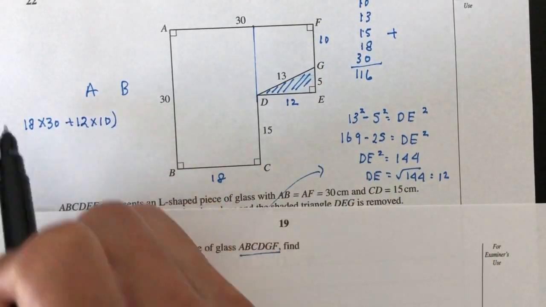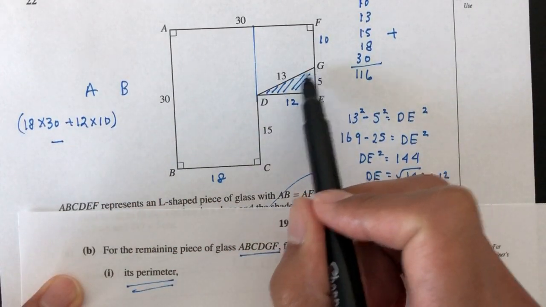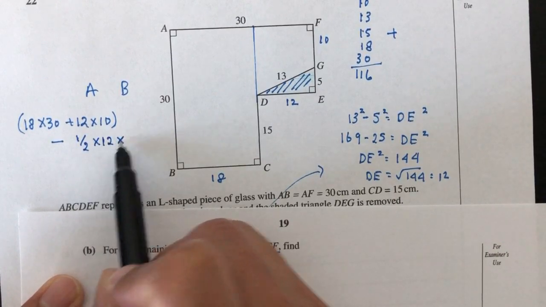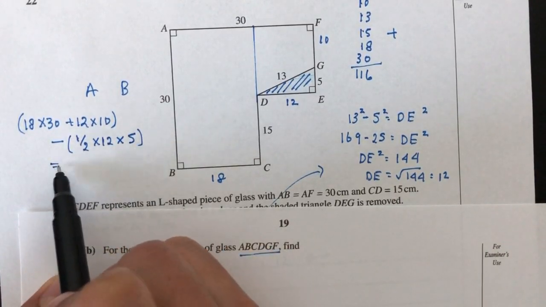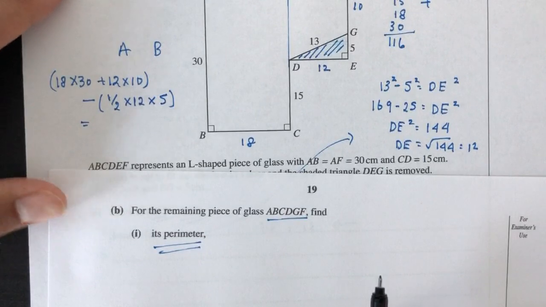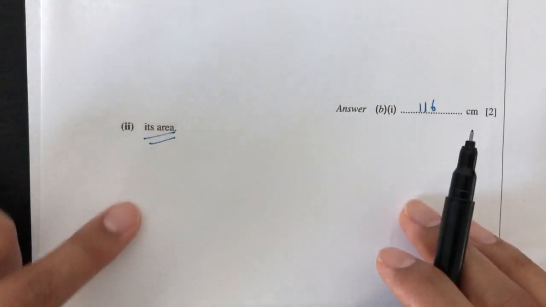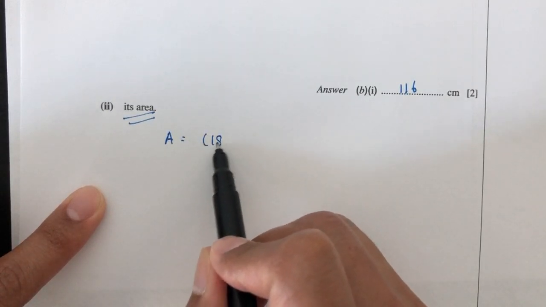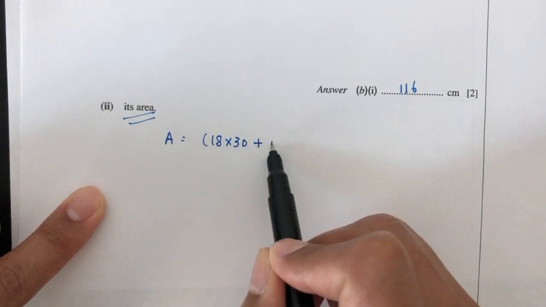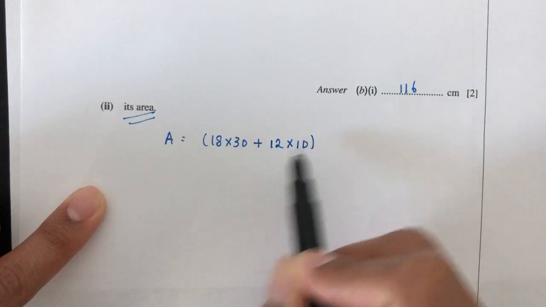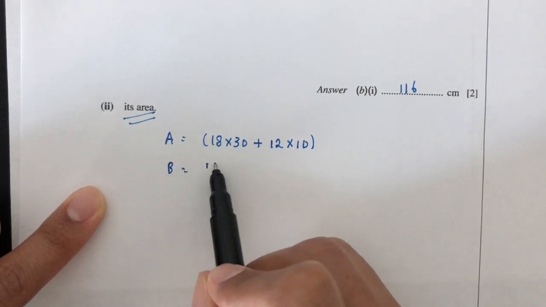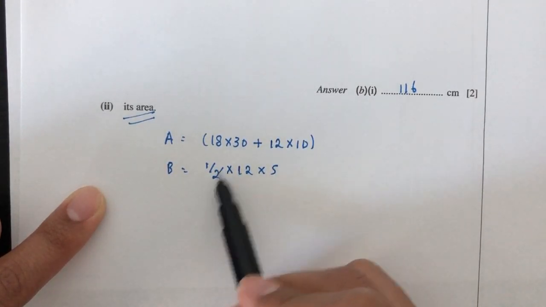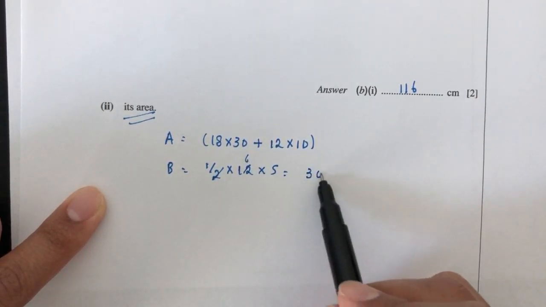That will be the big one, minus B, which is the area of this triangle, half times base times height. Let's rewrite this down here. Same thing: area of A is equal to 18 times 30 plus 12 times 10. And B is equal to half times base times height. That will be 6 times 5, which is 30.